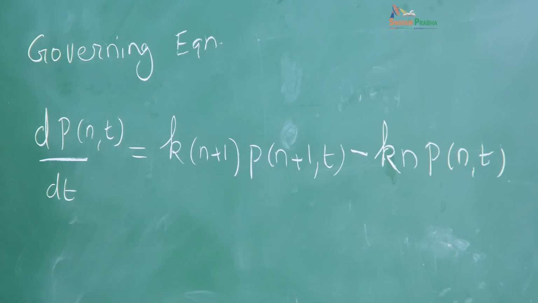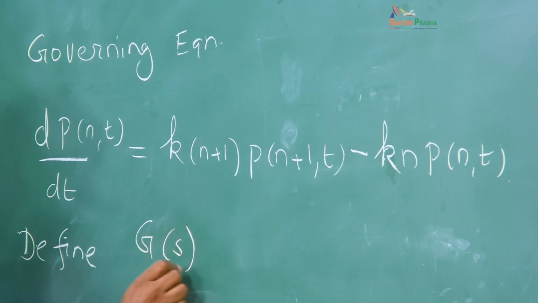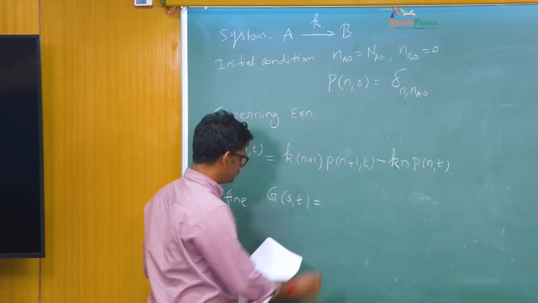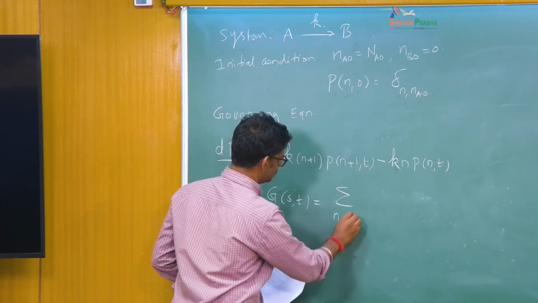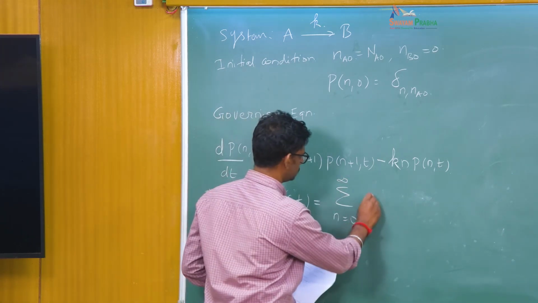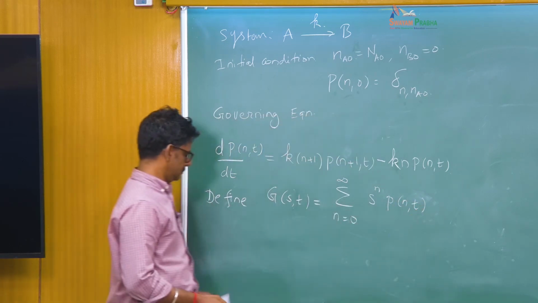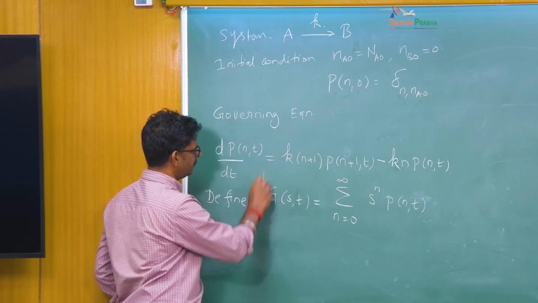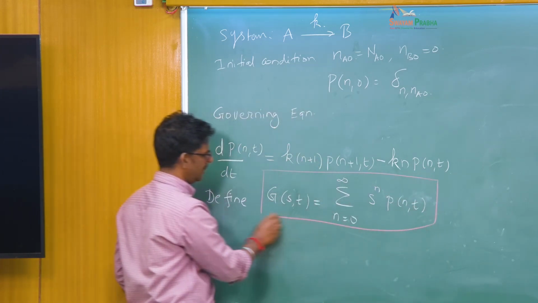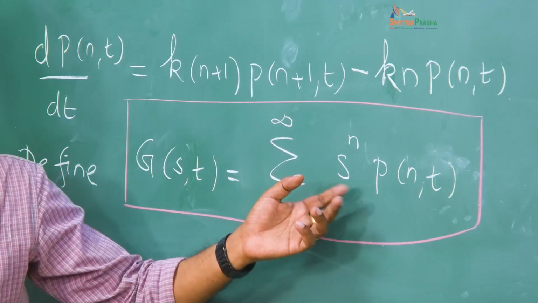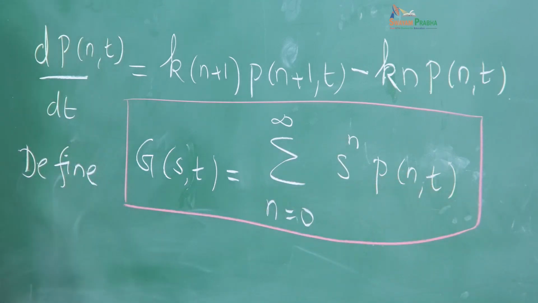Now, to solve this, we're going to define a generating function G(s, t) as the sum over n of s to the power n times P(n, t).